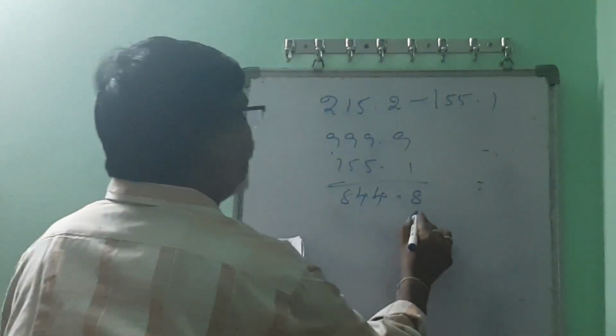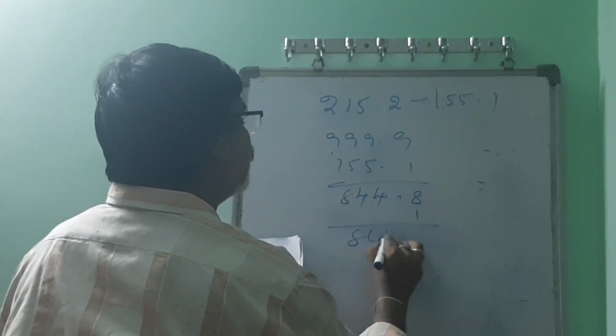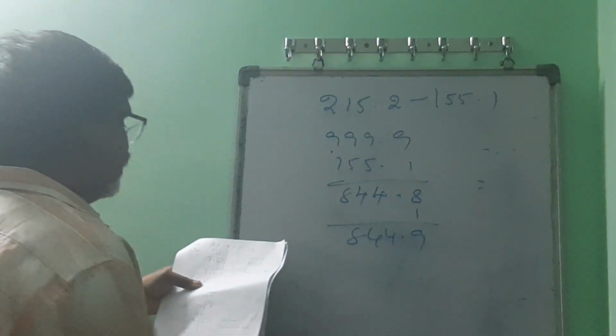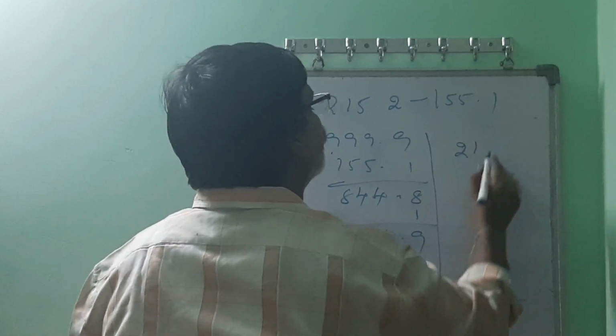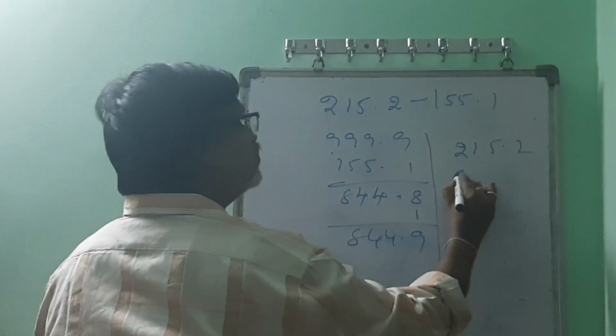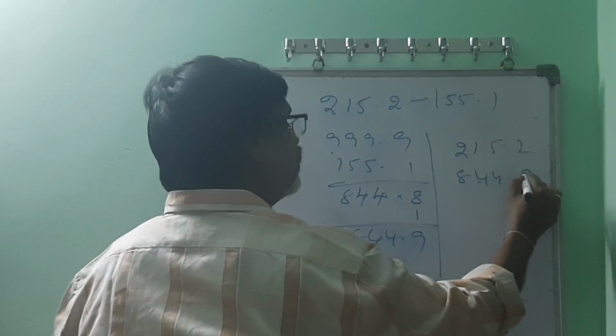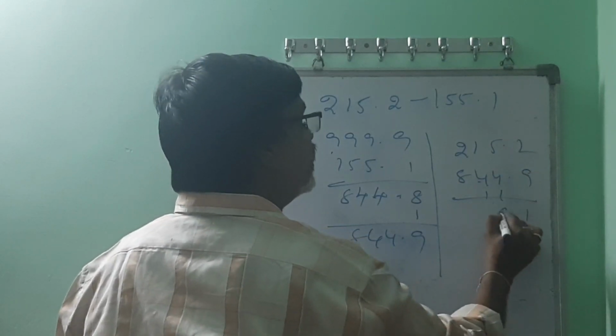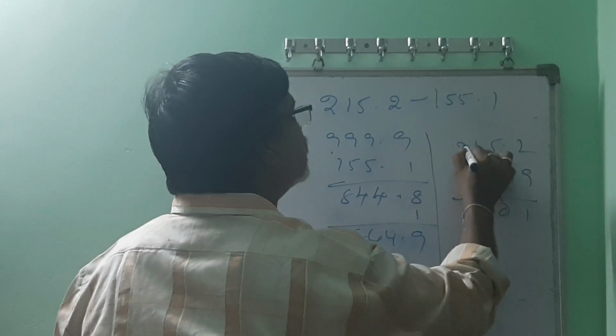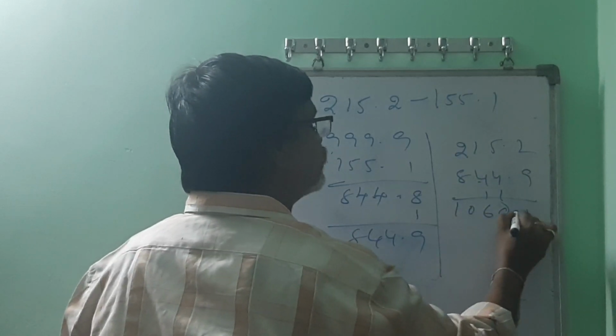For this you have to add 1, so you get 844.9. This should be added to 215.2, so 844.9 plus 215.2 gives 1060.1.